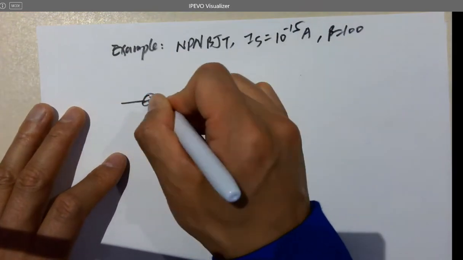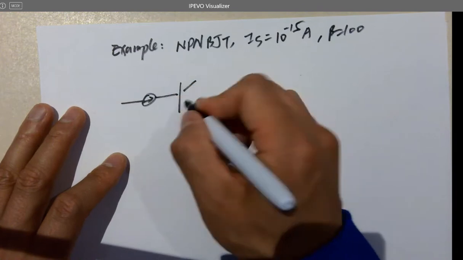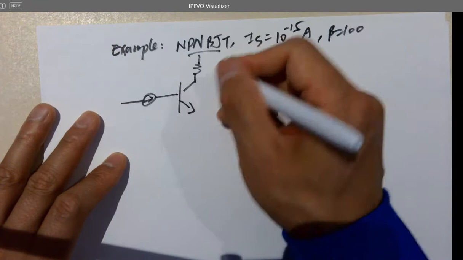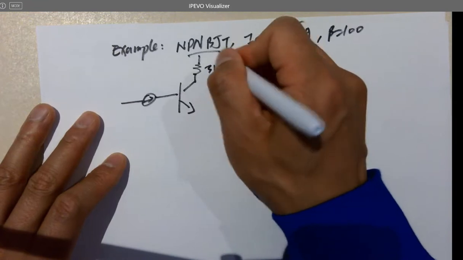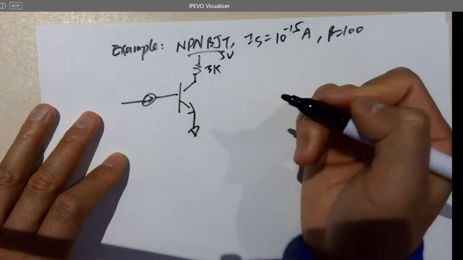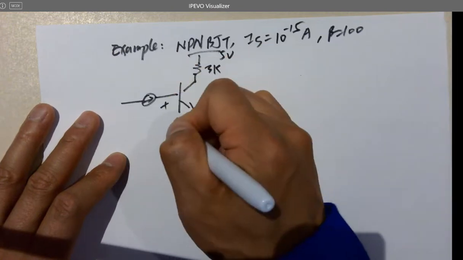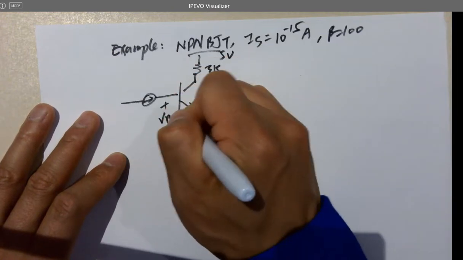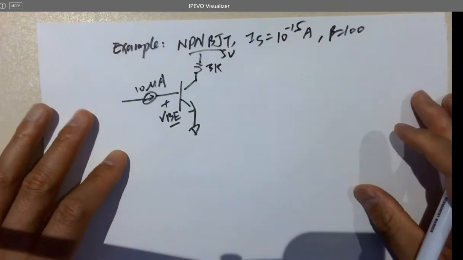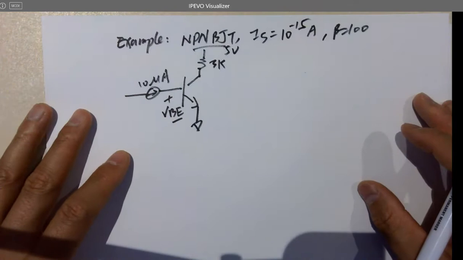That's a current source. 3K. VCC is 5 volts. And that's VBE. And this is a 10 microamp current source as the base current.